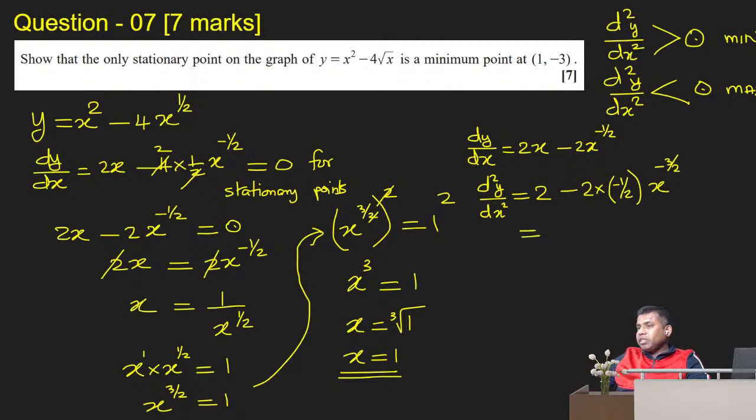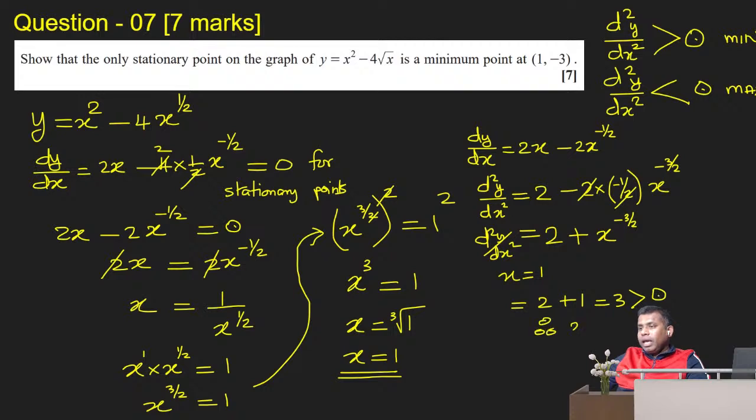So if we do a little bit of simplification here, the 2 and 2 cancel. So 2 plus x to the power minus 3 over 2, right? This is the second derivative. We are about to substitute x equals 1. So which is equal to 2 plus 1, which is equal to 3, which is greater than 0.